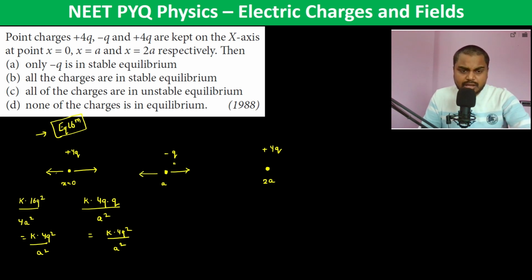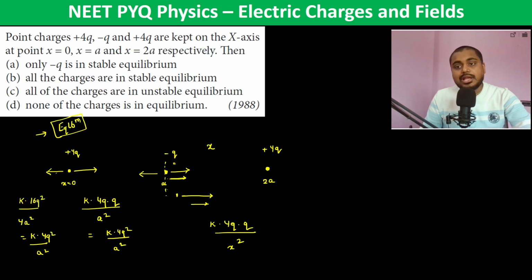However, अगर इसको थोड़ा सा हम लोग इस डायरेक्शन में लेके जाते हैं, है ना, थोड़ा सा इसको हम लोग डिस्प्लेस करते हैं इस डायरेक्शन में, so you see what is going to happen, this attraction force will increase and this attraction force will decrease, और ये ज़्यादा ही इंक्रीज करता रहेगा क्योंकि ये इधर जाता रहेगा. क्यों इंक्रीज करेगा? क्योंकि it is now going to be k into 4q into q divided by this distance which is x square. And now x is less, so therefore this force is going to be more.